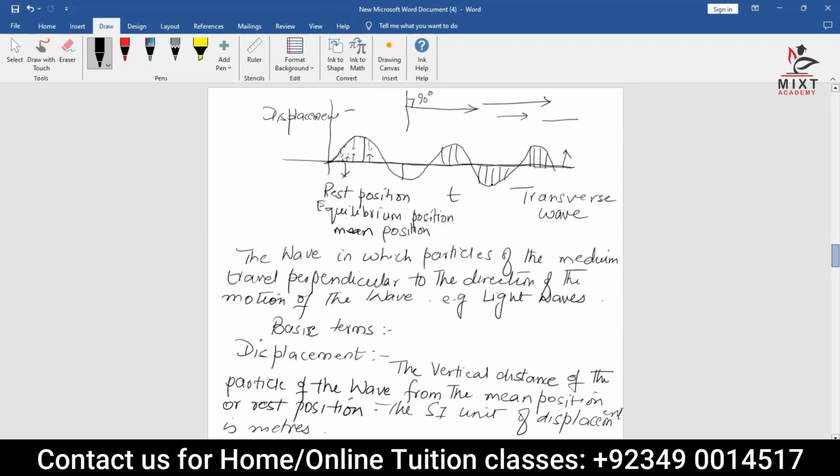So the particle which is actually sitting here or the particle which is sitting here, they have a maximum vertical displacement. So maximum vertical displacement is called as amplitude.